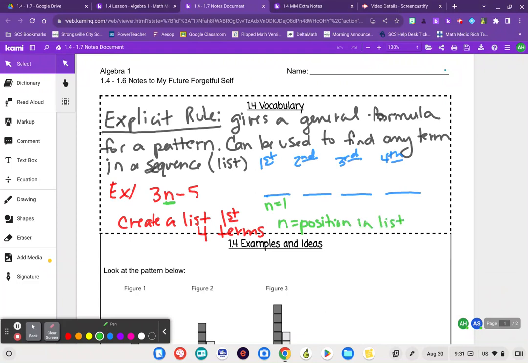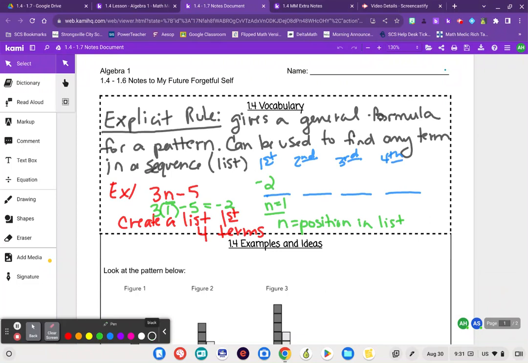If I want to find the first number in my list, I have to take this formula and replace the n with 1. I'm going to write 3 times 1 minus 5 because n represents the position in the list, and I'm trying to find the number in the first spot. Then I do that calculation. 3 times 1 is 3, minus 5 is negative 2, so I get negative 2.